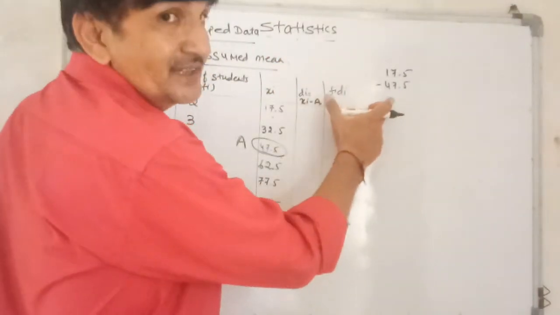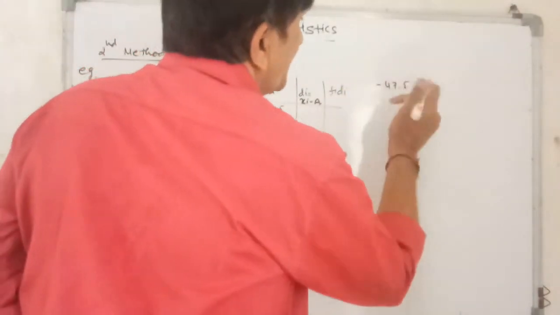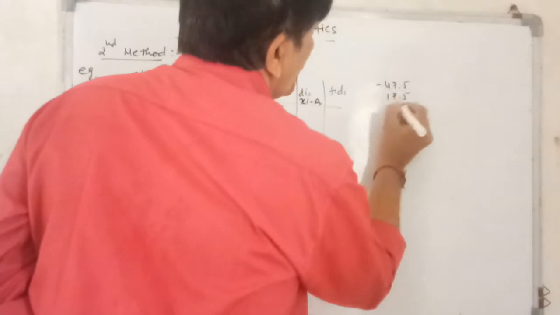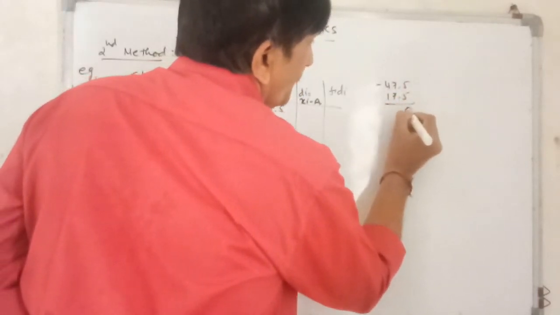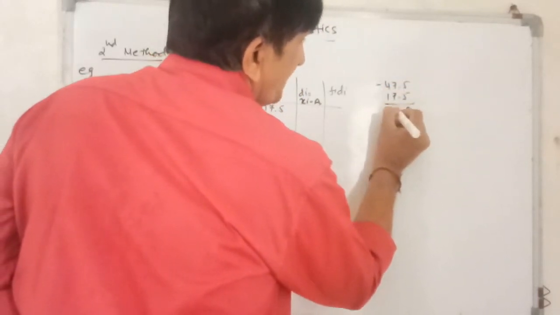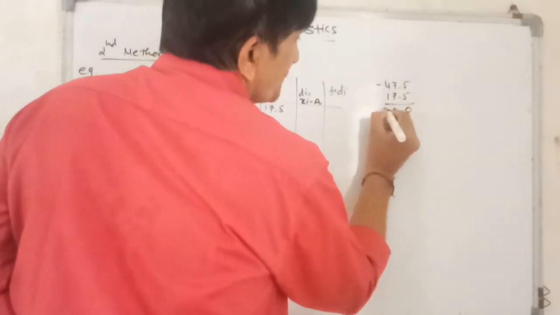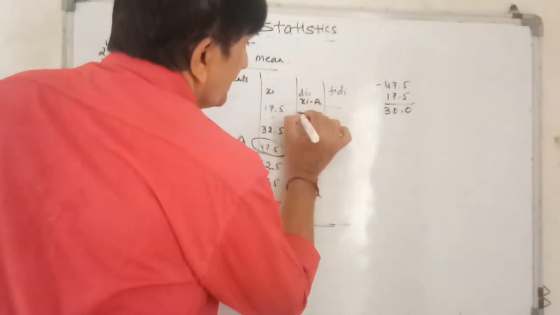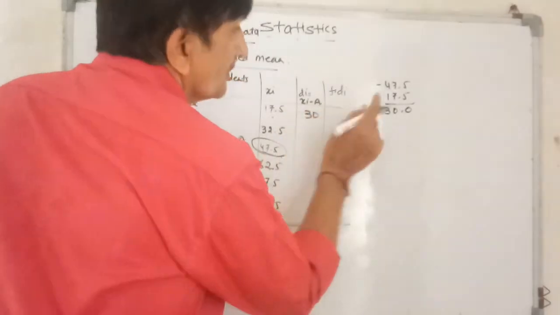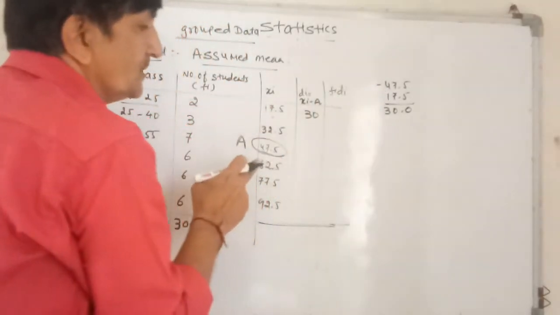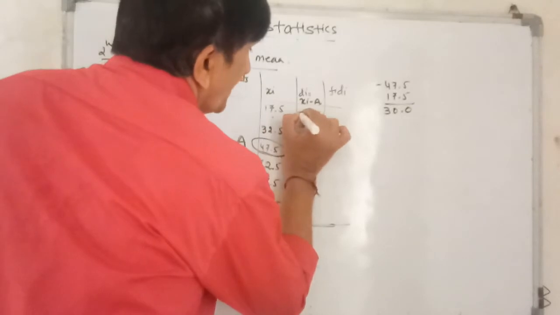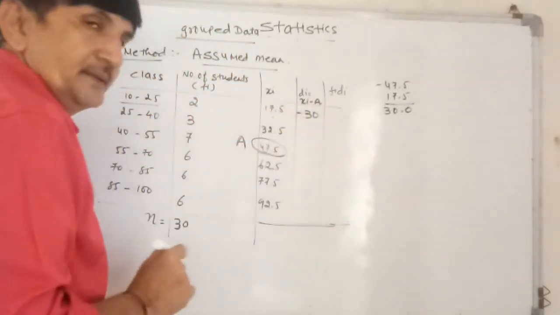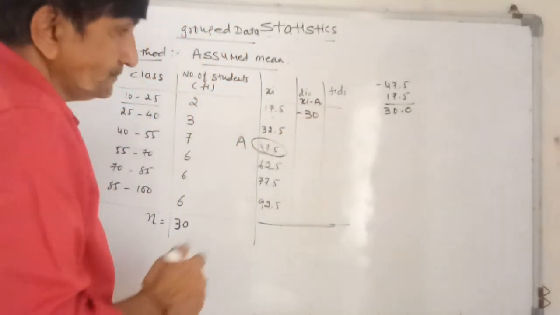Since 47.5 is the larger number, first I do it like this: 47.5 minus 17.5. 7 minus 7 is 0, 4 minus 1 is 3. So here di you will get 30, but the larger number is the negative one, so you will get a negative value, minus 30. Clear?